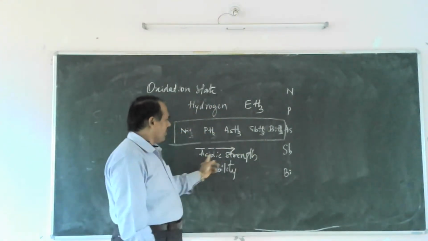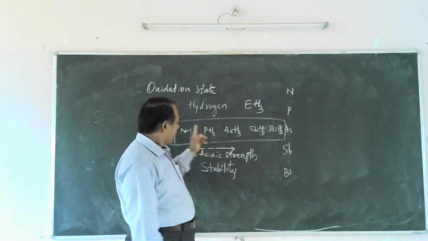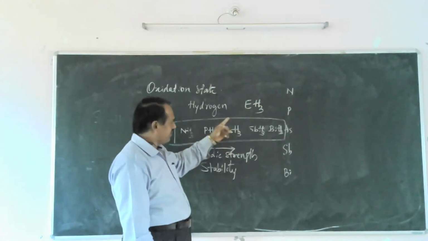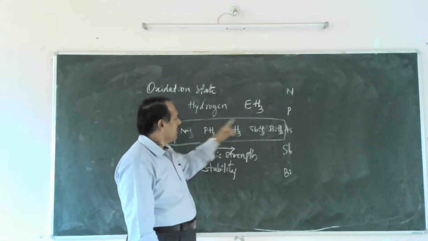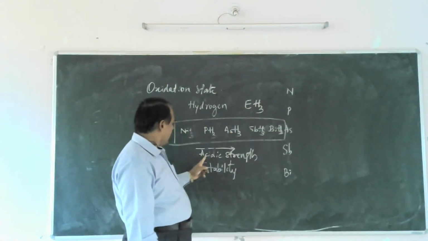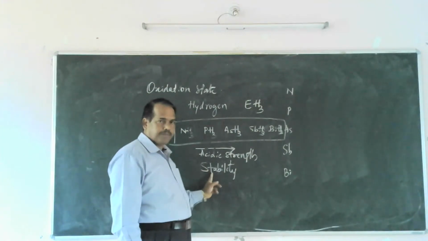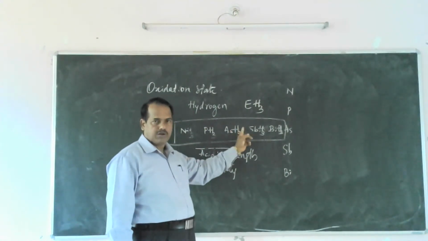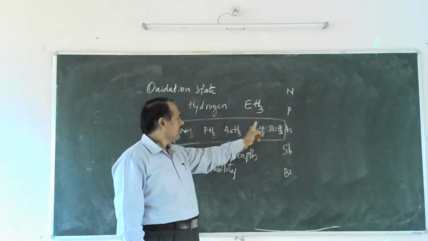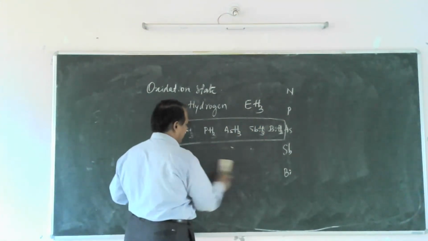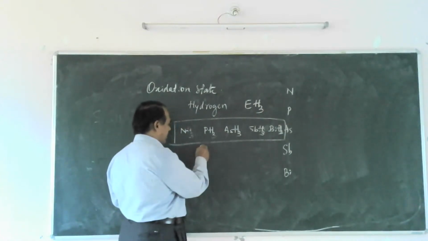We will study two concepts. One is acidic strength. Acidic strength is lower in ammonia and higher in bismuth hydride. If you go for stability, among these, ammonia is more stable and the others are less stable. Then we go for the basic character.